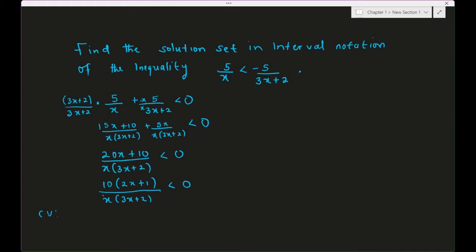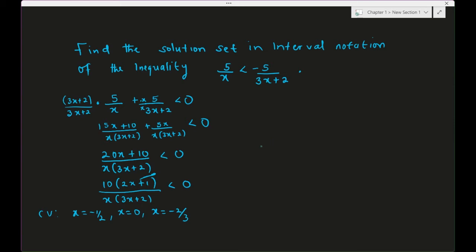The zero of the numerator is x equals minus half. Just put this to 0 and solve for x. Then from the denominator, we have x equals 0, and also x equals minus 2 over 3.